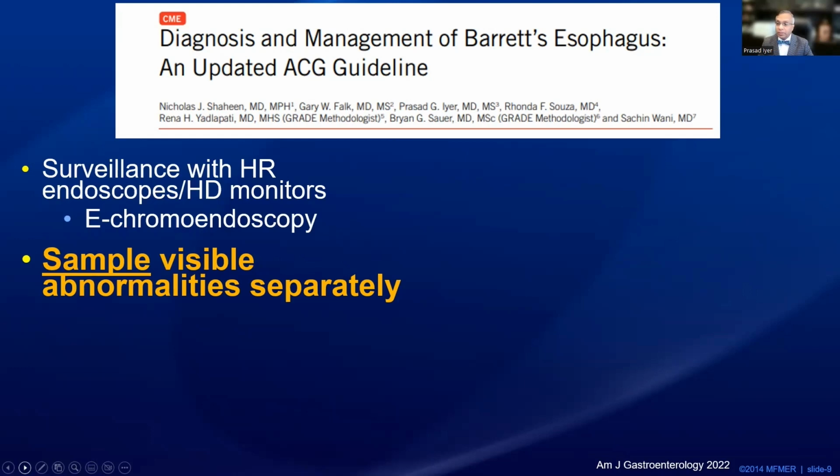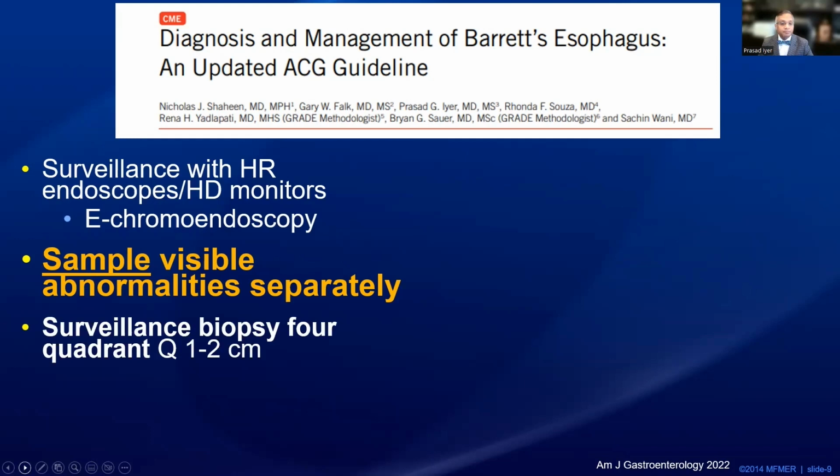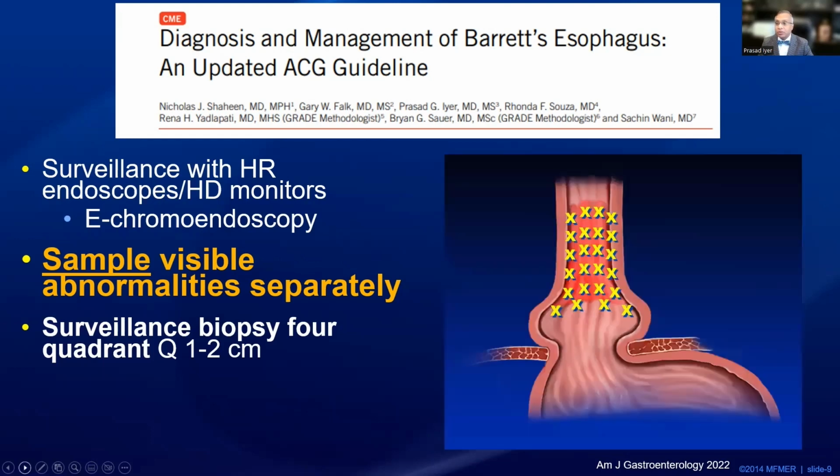Now, how do you sample them? You can either use a biopsy forceps, or you can perform endoscopic resection, depending on the level of local expertise that you have at your center. Once these focal abnormalities are sampled in different bottles, you should then proceed with the Seattle protocol biopsies, which are essentially surveillance biopsies obtained every four quadrants, every 1 to 2 centimeters, depending on the presence or absence of prior dysplasia. So if you have no dysplasia, you can go every 2 centimeters.